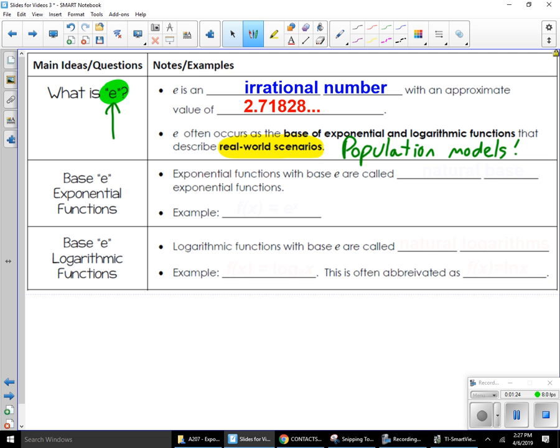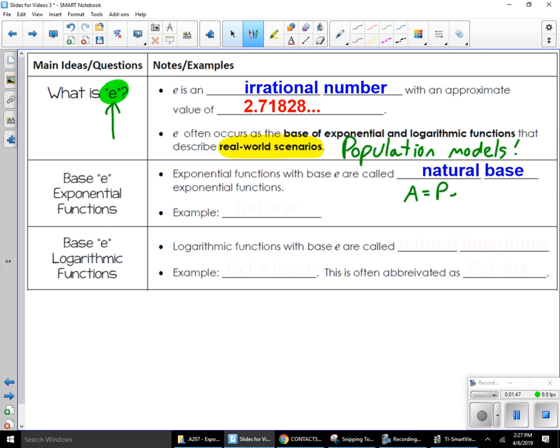Half-life problems are another good one because radioactive material is always decaying. It does not wait for the first of the month either. So e shows up in these natural, real-world scenarios, so we tend to call them natural base functions when they show up as exponentials. We actually have an example natural base function.